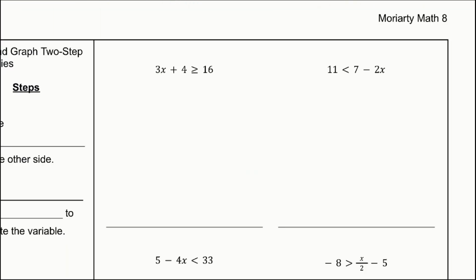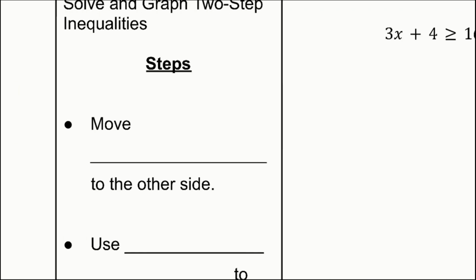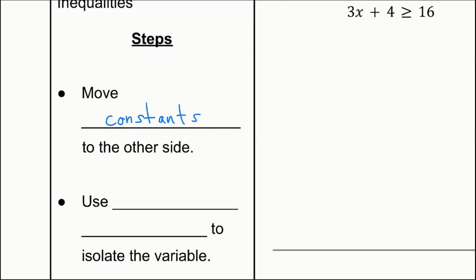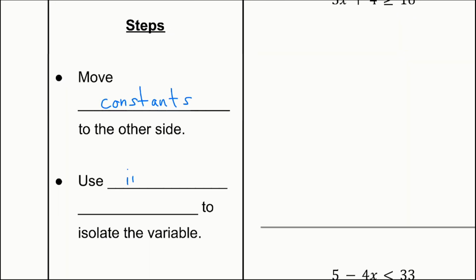So the back side is 2-step, and 2-step is done pretty much exactly like 2-step equations are. The first step that we have is we need to move our constants to the other side, and then use inverse operations.